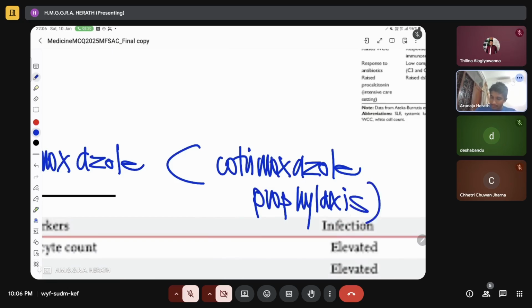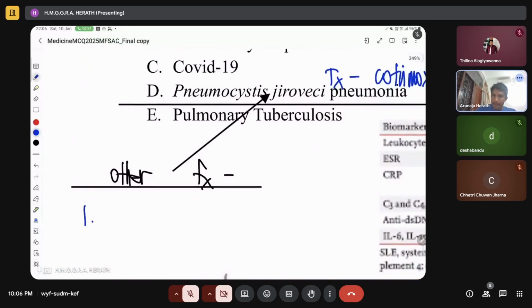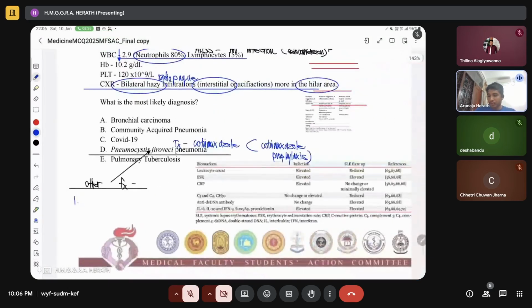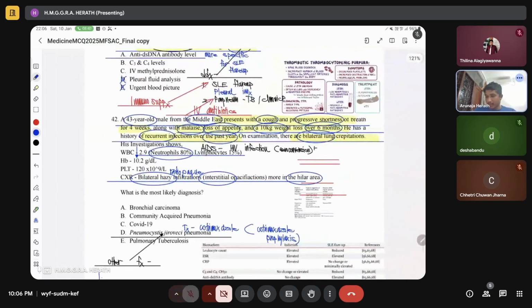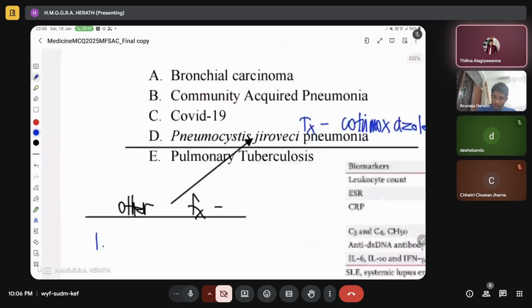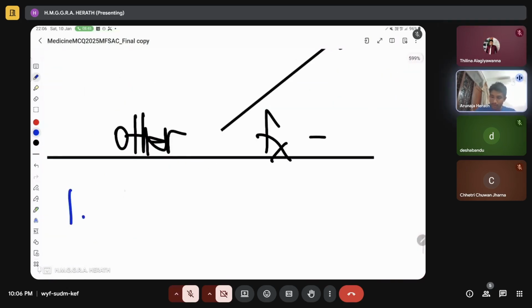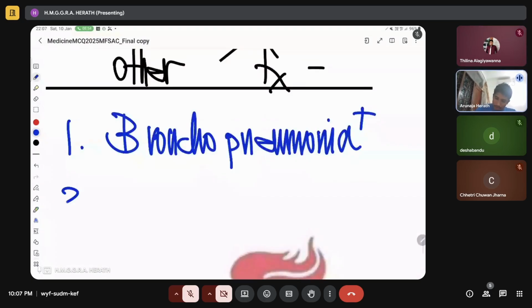So what are the other features of pneumocystis jirovecii pneumonia? What sort of pneumonia does pneumocystis jirovecii cause? Good. Bronchopneumonia. And then what else is there? There are usually fine end inspiratory crepitations.